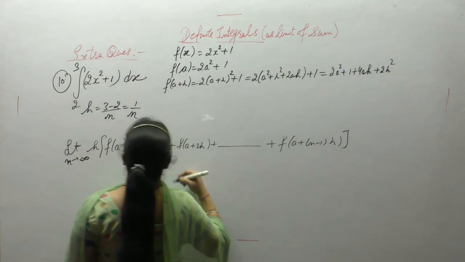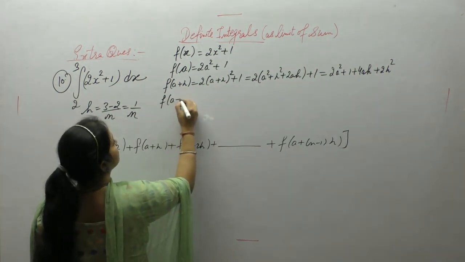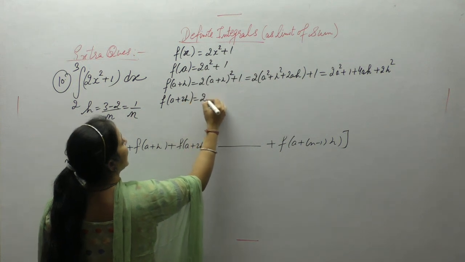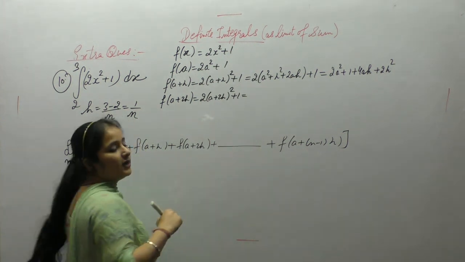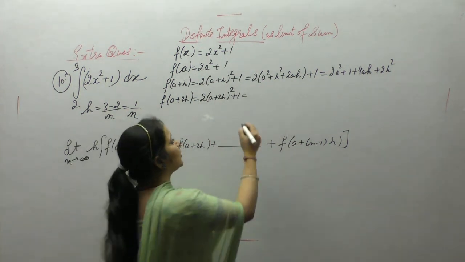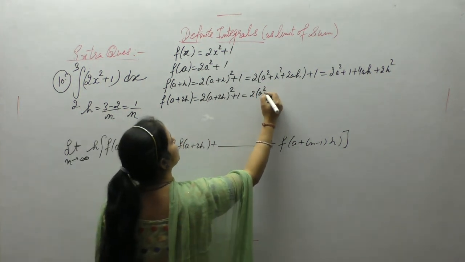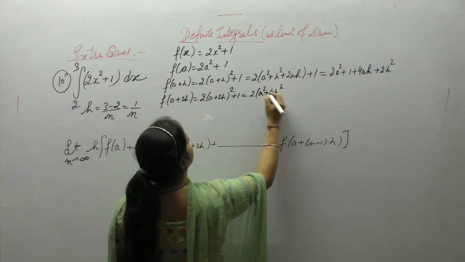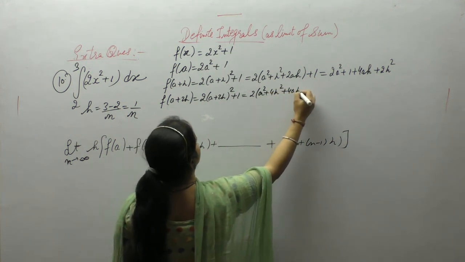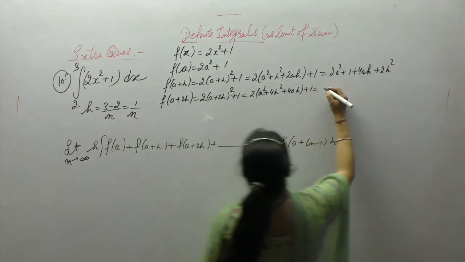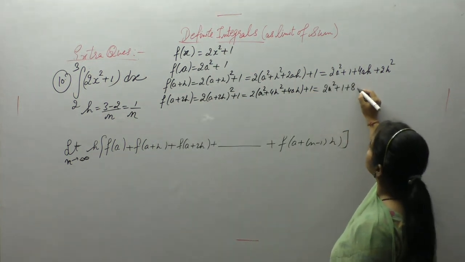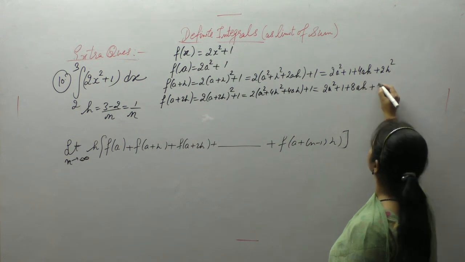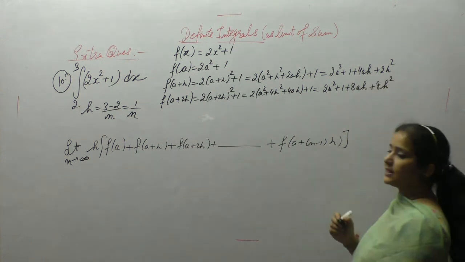Now f of a plus 2h, 2 times a plus 2h whole square plus 1. Again a plus b whole square is equal to a square plus b square plus 2ab. 2a square plus 1, 2 into 4, 8ah, 4 into 2, 8h square.